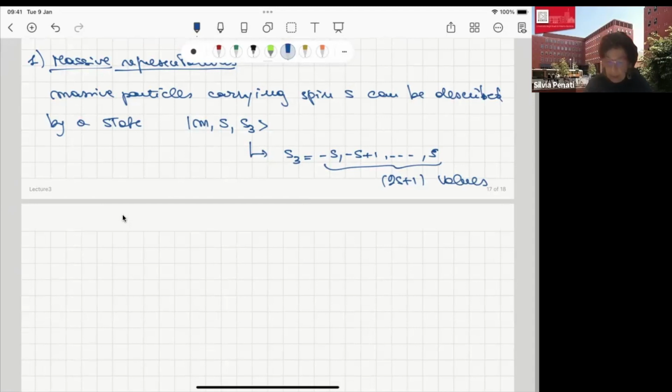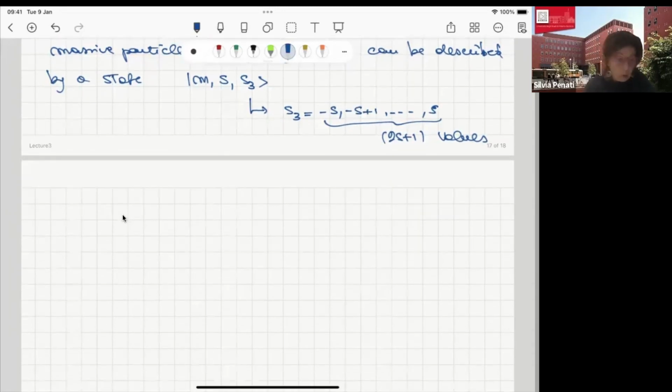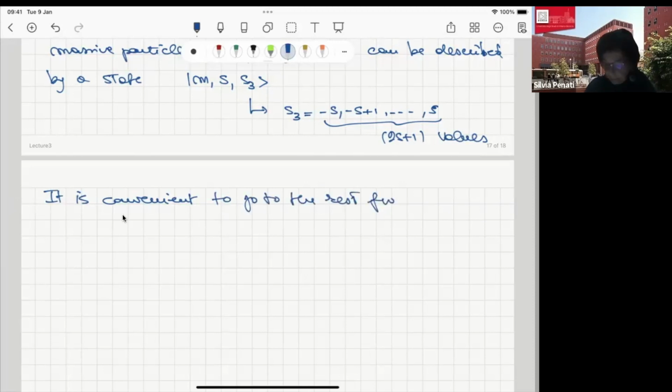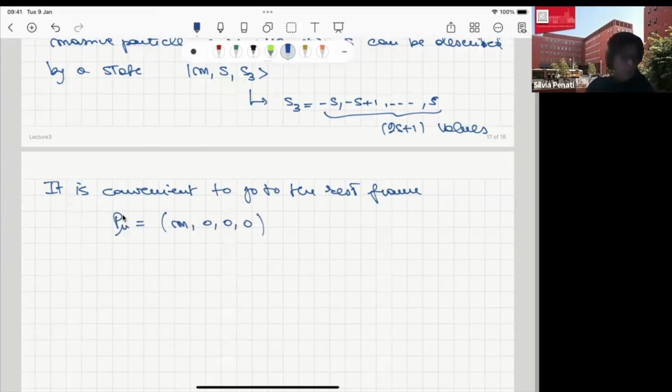To do that, we better go to what we call the rest frame. So it is convenient to go to the rest frame of the particle, where p^μ is (M,0,0,0), of course.